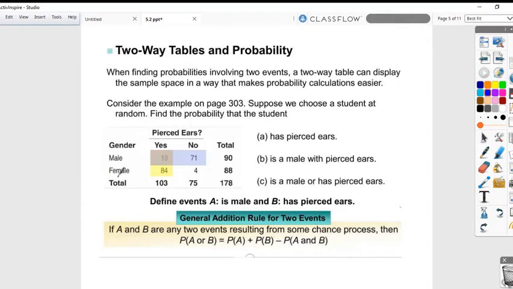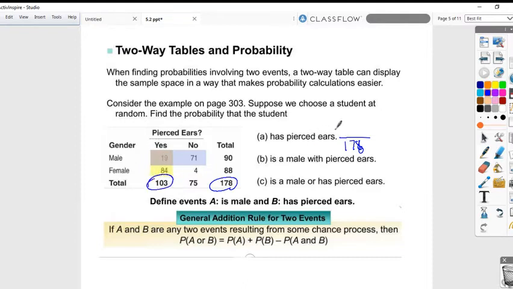So this is the probability that a student is male or female and has pierced ears or not. The first question is, what is the probability that they have pierced ears? Well, you find the total, which is 178. It doesn't say anything about gender. We just want to know if they have pierced ears.